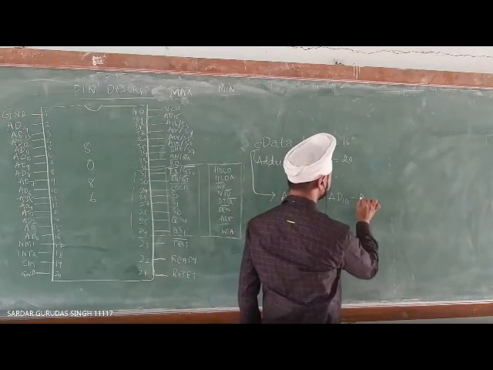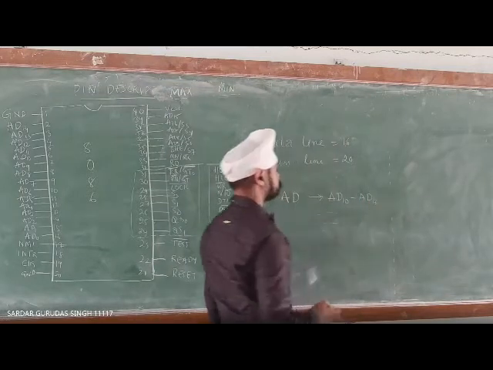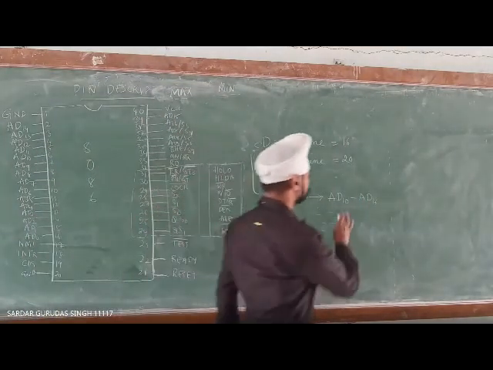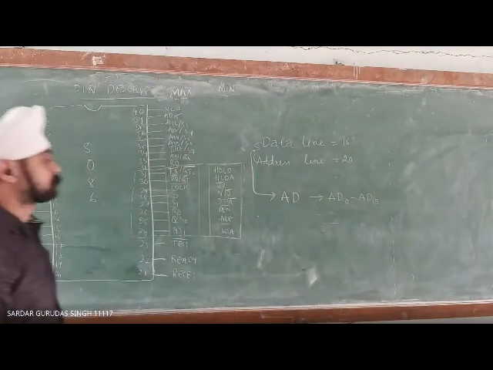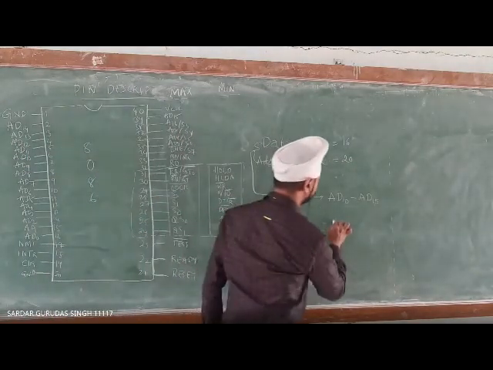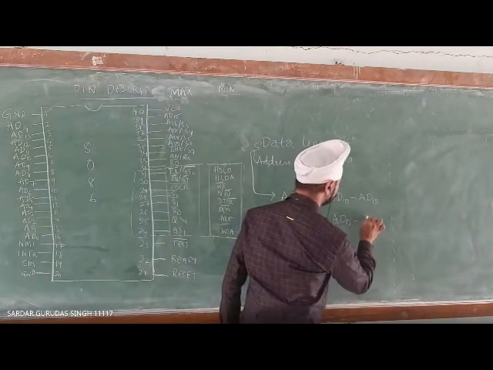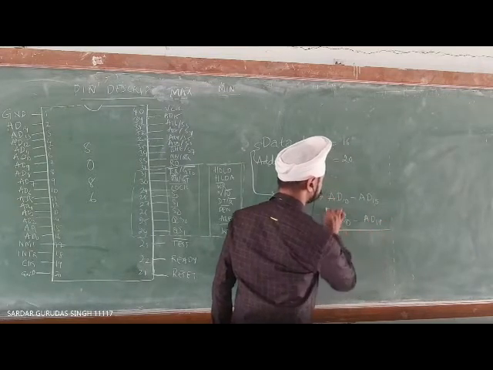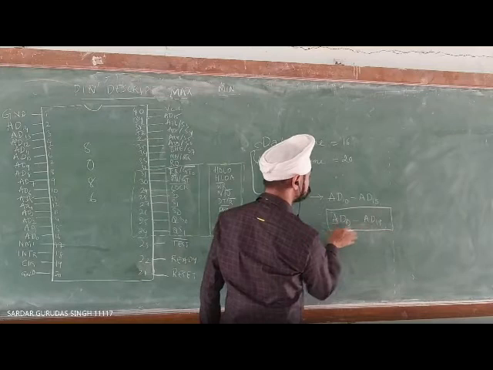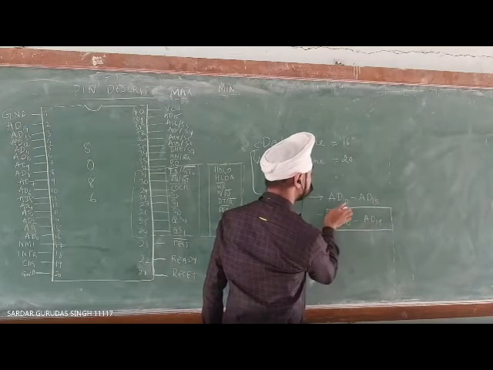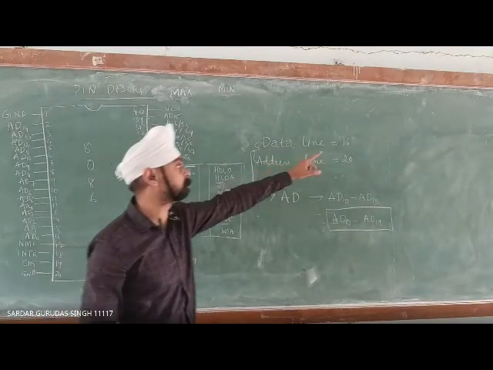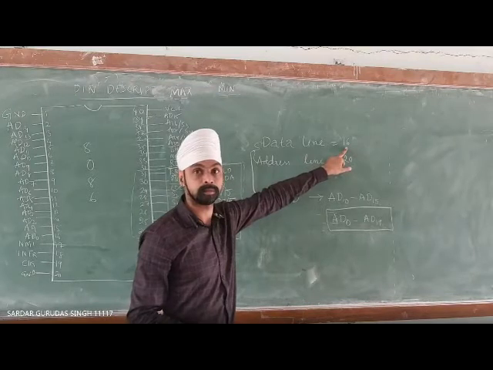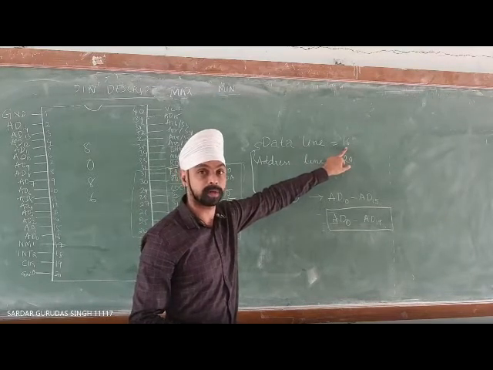These are from AD0 to AD15. Why are we not taking from AD0 to AD19? Why are we taking from 0 to 15? In the sense, how many data lines do you require? 16.